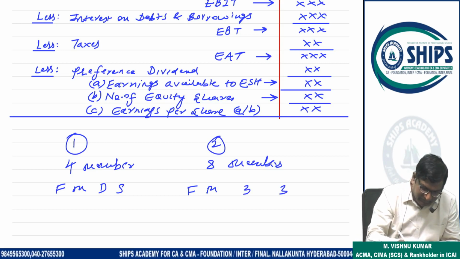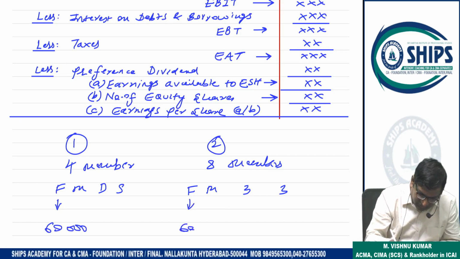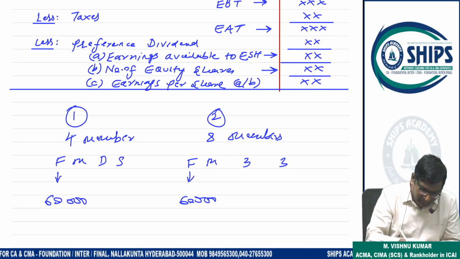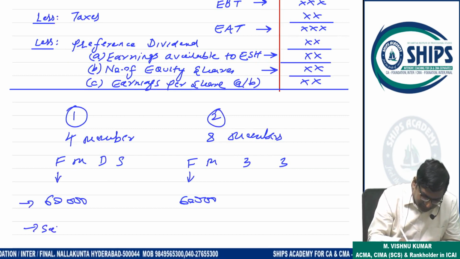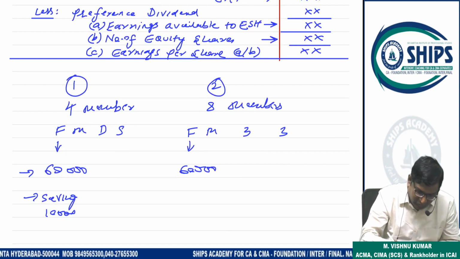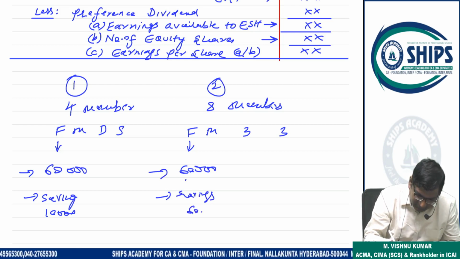Suppose in family 1, father earning is 60,000 rupees. In family 2 also, father earning is 60,000 rupees. Now every month in this family, father is saving 10,000 rupees. Here also saving is suppose 6,000 rupees.